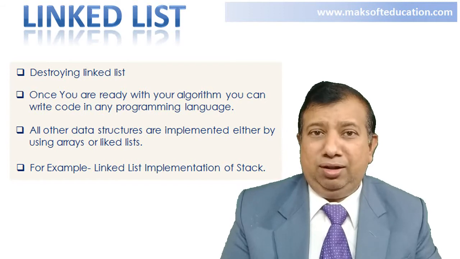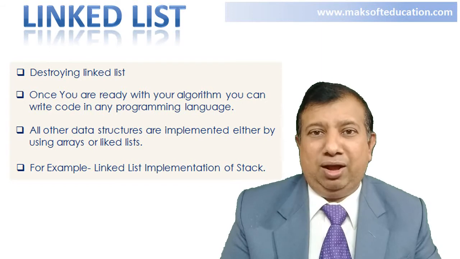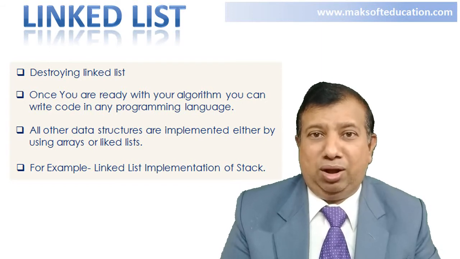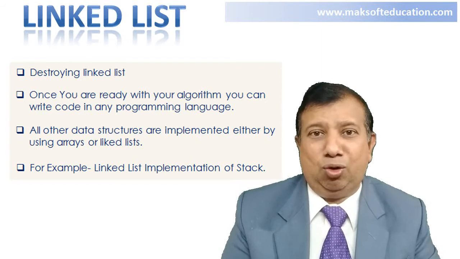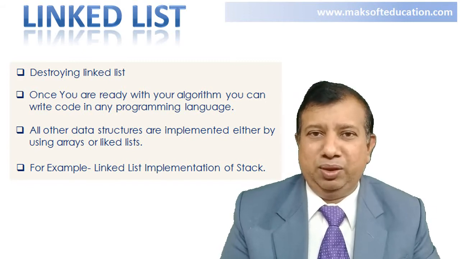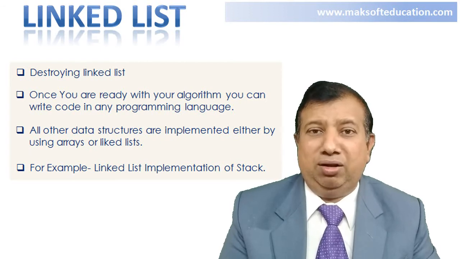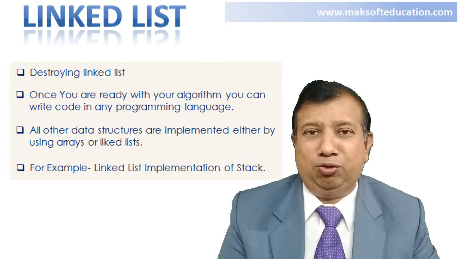So all the data structures we are going to learn are implemented either by using an array or by using a linked list, and therefore we are studying in detail how an array is used and how a linked list is used, and all possible operations of linked list along with algorithms we have learned. For example, if we are learning a stack, then we are going to write something like this: linked list implementation of stack.